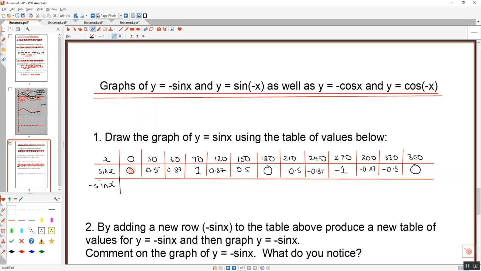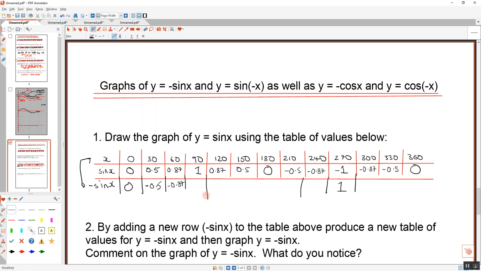Now if sin x is 0, what is negative sin x going to be? Zero. What about for the next value? Negative 0.5. And the next value? Negative 0.87. What about when we get over here, Sana? 1. Positive 1, yeah, these ones are going to be positive because it's negative, negative. Right, okay, and we're then going to graph it with negative sin x.